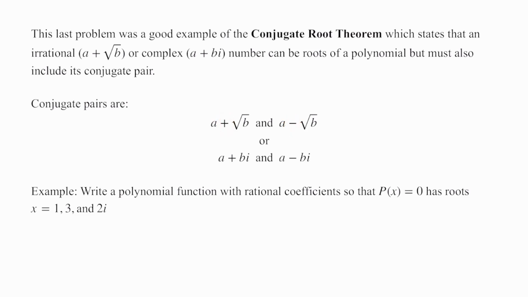We've seen this before as a plus b, a minus b, a difference of squares. Conjugate pairs always come in 2. So it's fine to have an irrational number like the square root of 2 or 2i, but if we have one, we have to have a partner. They always come in pairs.